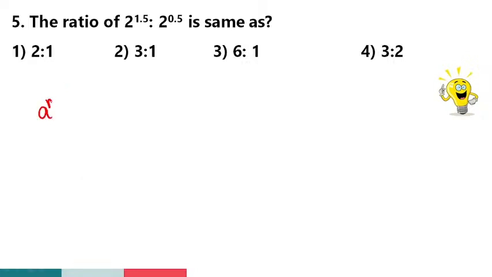Right. A power m divided by a power n. What is the formula, guys? A power (m minus n). Same like this, guys. So 2 power 1.5 by 2 power 0.5.